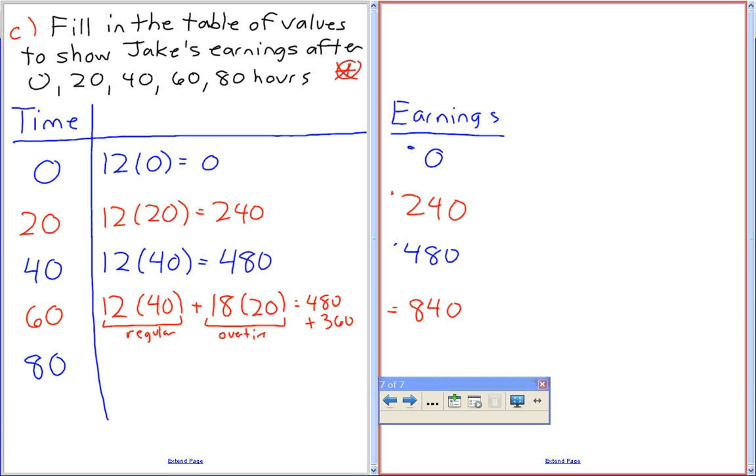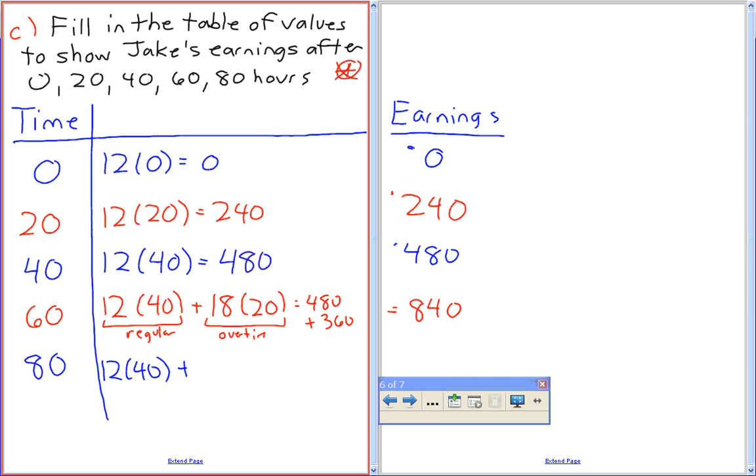All right, 480, we are up to Courtney. How much is regular, how much is time and a half, and how much is double? Okay, good. 40 hours regular time, 20 hours time and a half, and then 20 hours double. So the way this is going to work, it's going to be 12 times 40 plus 18 times 20 plus 24 times 20.